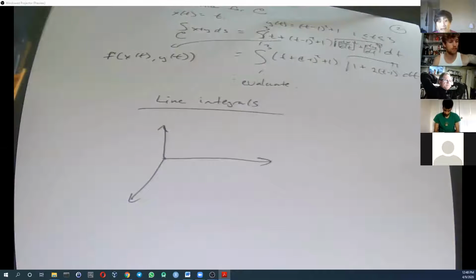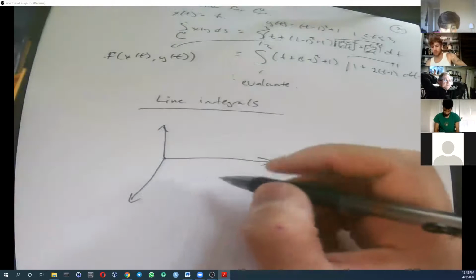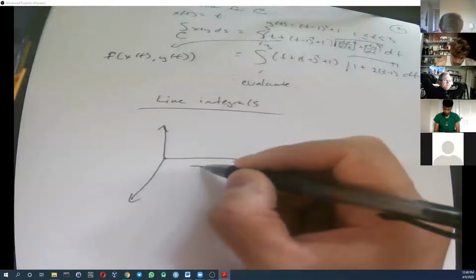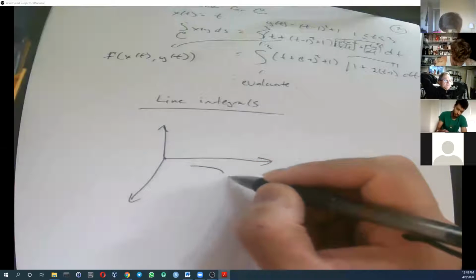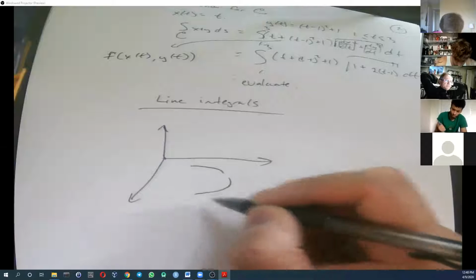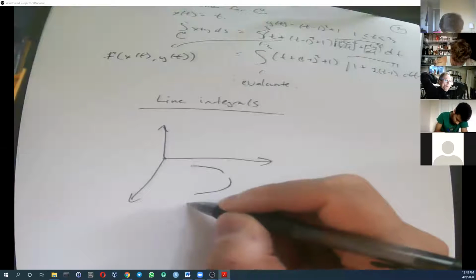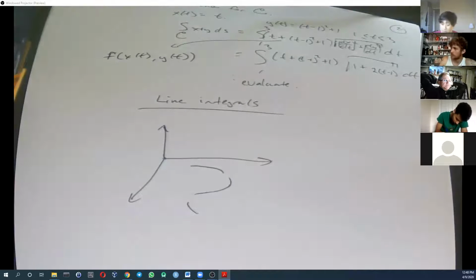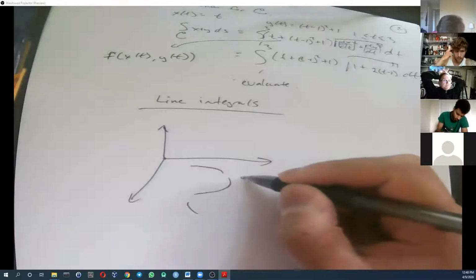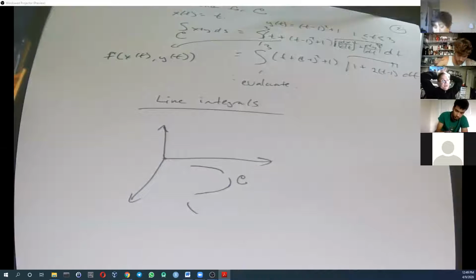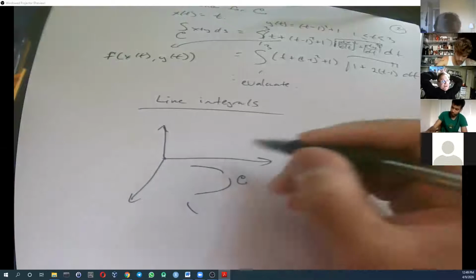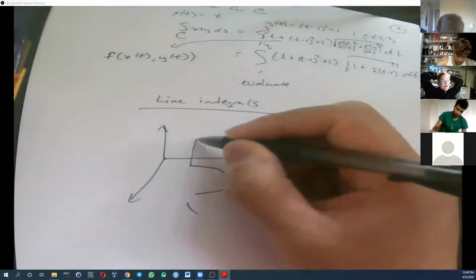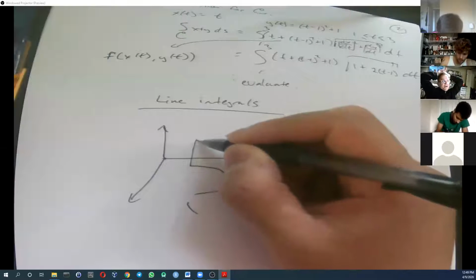So let's imagine C is a curve in 2-space. Imagine these are connected; I left this out for a reason. This is C, and I have a function f.